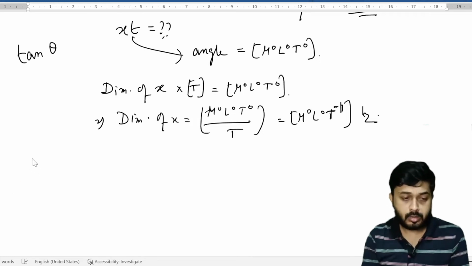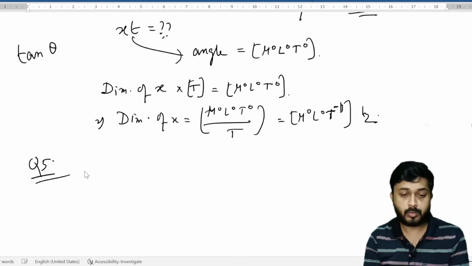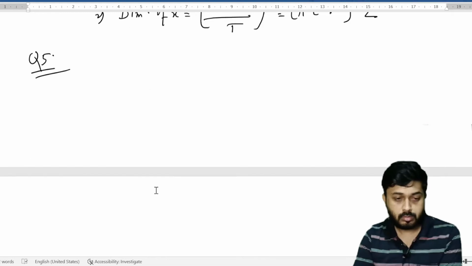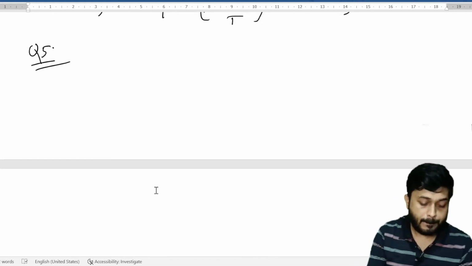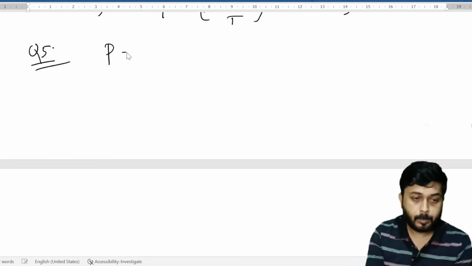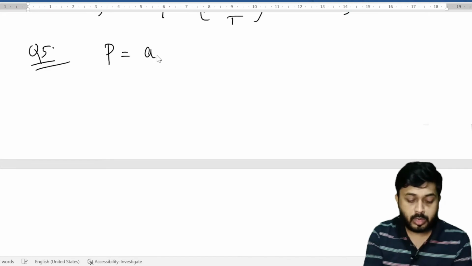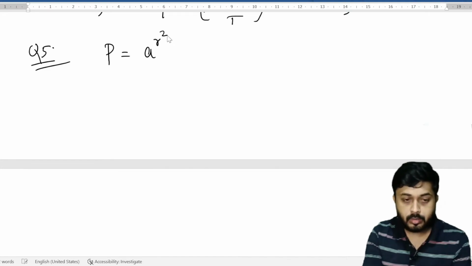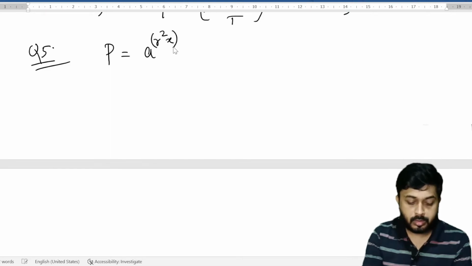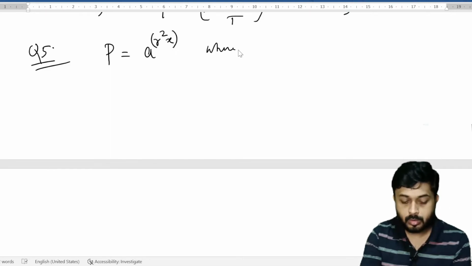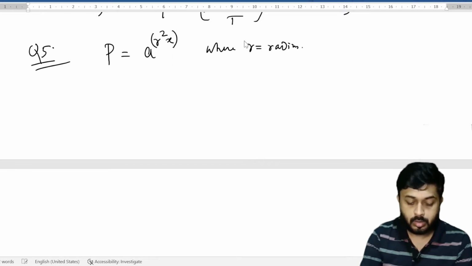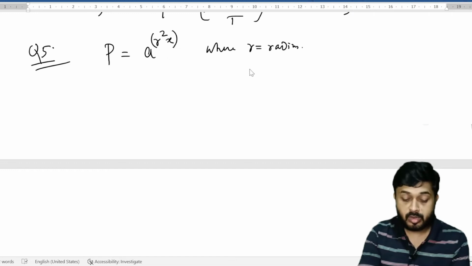Next, another question, number 5. What does it say? P is equal to a to the power r square x, where r is equal to the radius. And what are a and p?